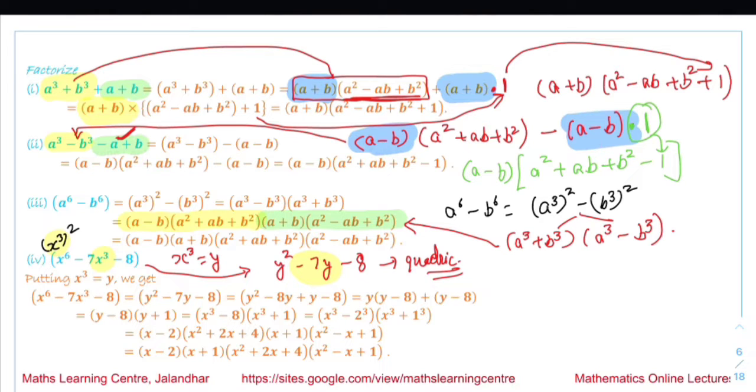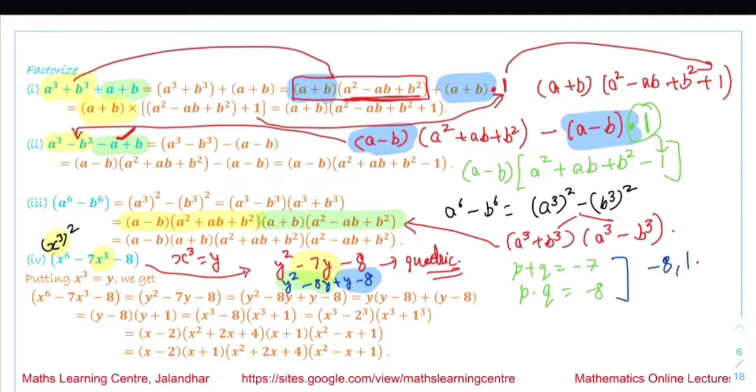So what we have over here is that p plus q should be equal to -7 and p into q should be equal to -8. So the numbers p and q we will have are -8 and 1. So when we split this term, it is y square minus 8y plus y minus 8. Then you will group these two terms and these two terms.